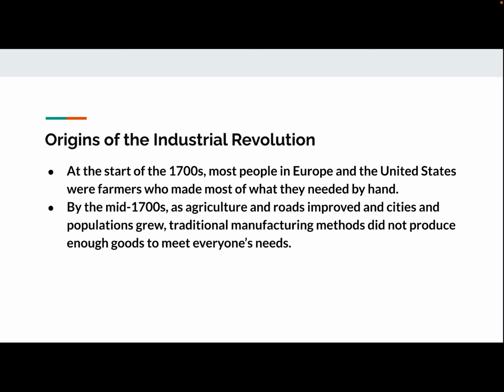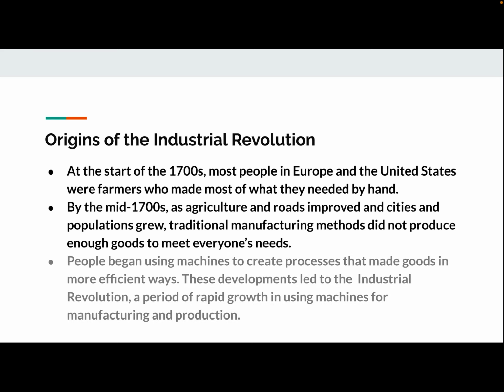So we start seeing traditional manufacturing methods that weren't producing enough goods to meet everyone's needs, especially in these cities as population grew. And so people began using machines to create processes that made goods in a more efficient, faster way.